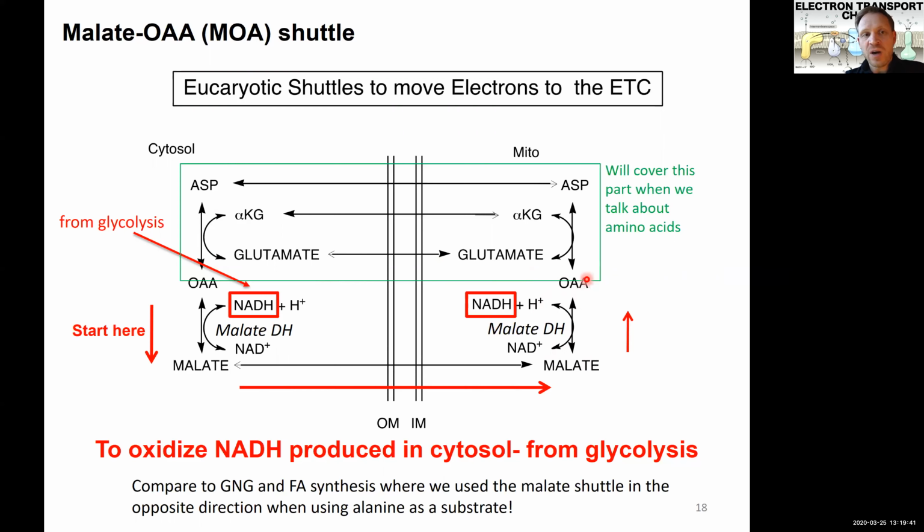So we need to get those carbons back into the cytosol. And there are actually a number of different shuttles that we can use, but we'll touch on those in more detail when we start talking about amino acids. But this is our major shuttle that we'll be using to bring in NADH as a product of glycolysis, so we don't lose out on it for making ATP.